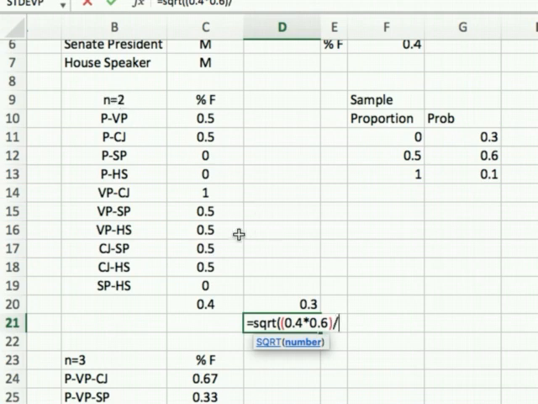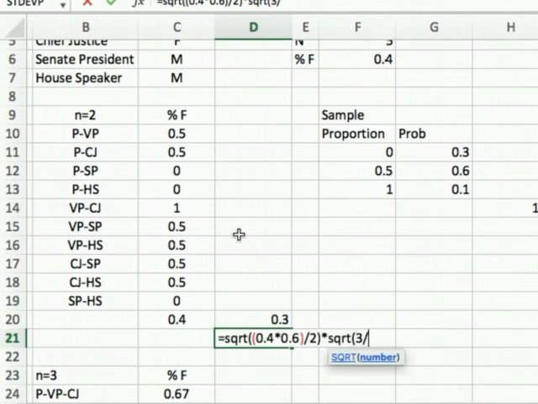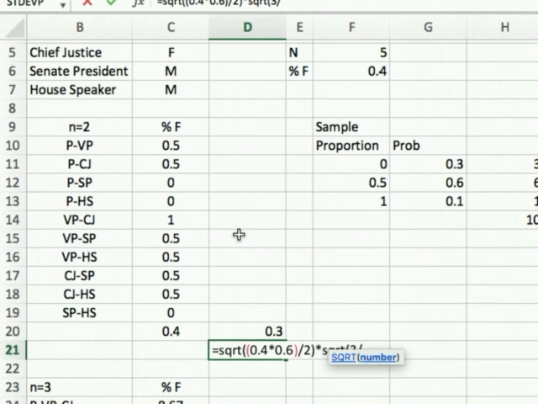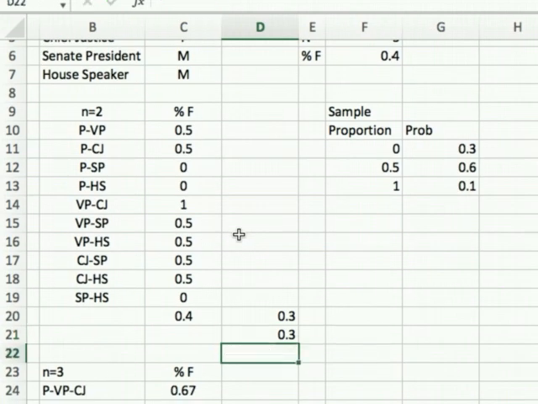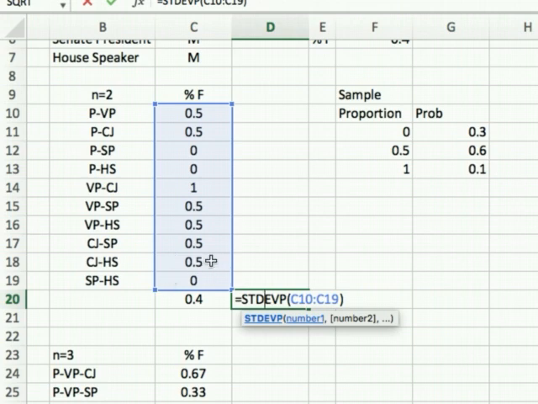And here, the sample size is 2. So that's the first part of the formula. And then we multiply that to the finite population correction factor. So again, that's the square root of capital N minus small letter n, so that's 5 minus 2 or 3, over capital N minus 1, so that's 5 minus 1 or 4. So again, when we use the second formula, you can see that we got the same value as when we used the STDEV formula in computing for the standard dev of all the sample proportions.